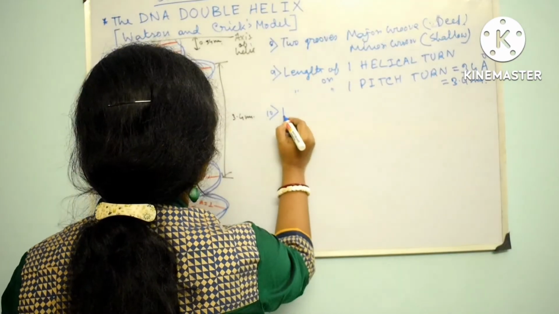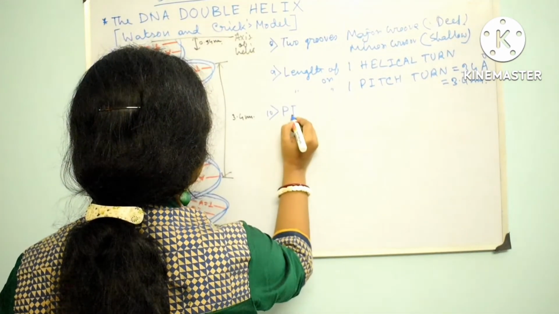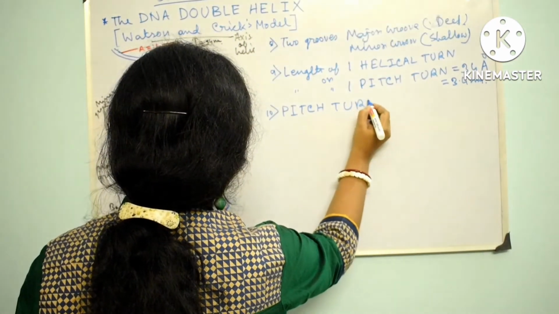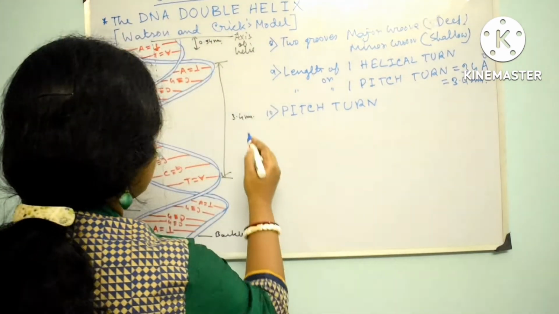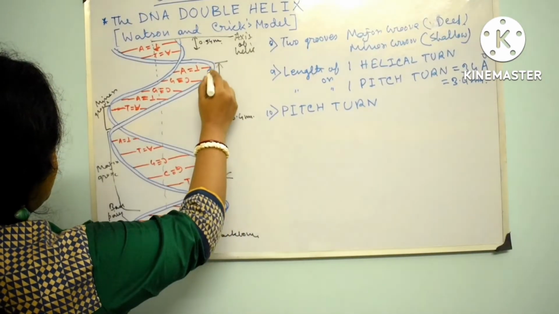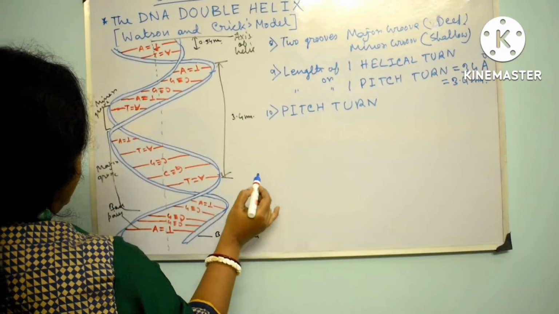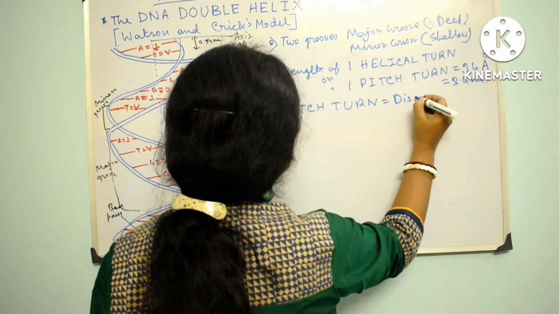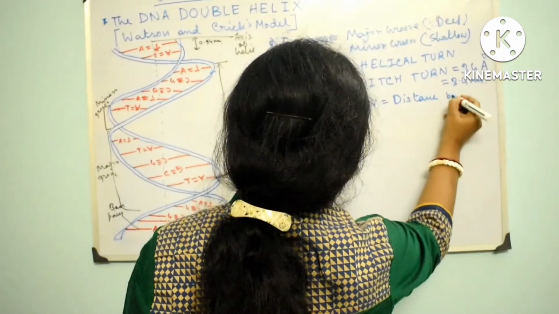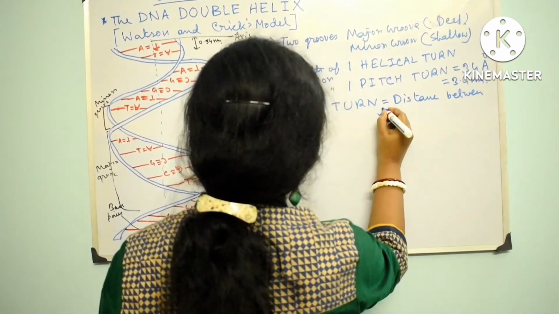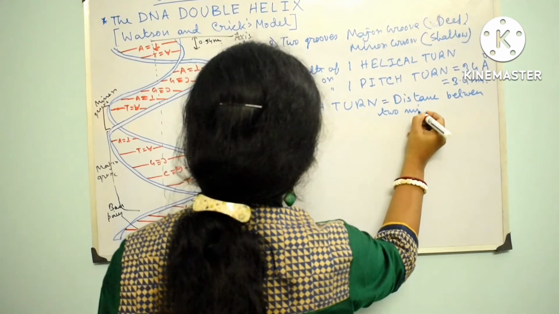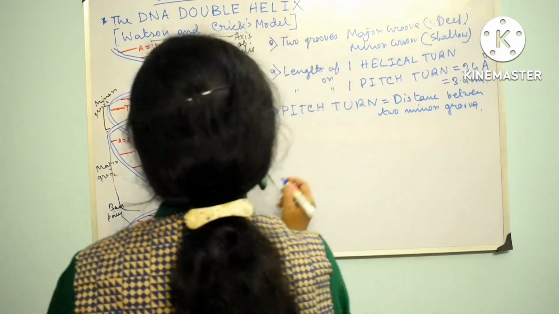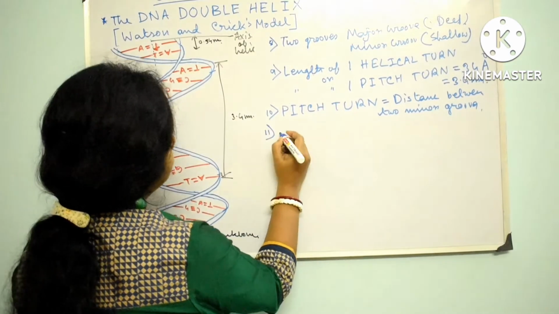One helical turn, or one pitch turn, means the distance between 2 minor grooves. Here it is the minor groove, the distance between 2 minor grooves.